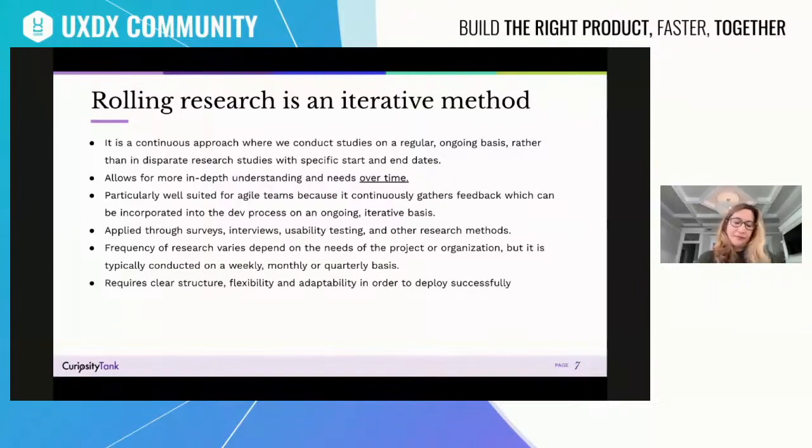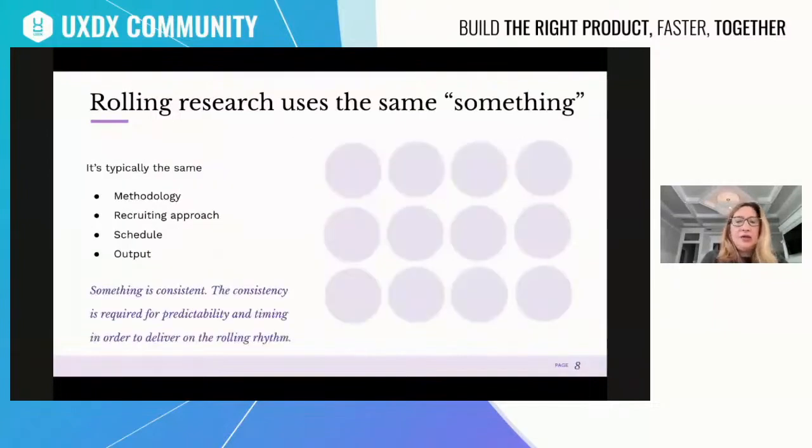Rolling research on a weekly or bi-monthly or even monthly basis requires a super clear structure, flexibility, and adaptability. We need all those things in place in order for it to be deployed successfully. The most common thing about rolling research is that it uses the same something, right? It uses either the same methodology, the same recruiting approach, the same schedule, or the same output.